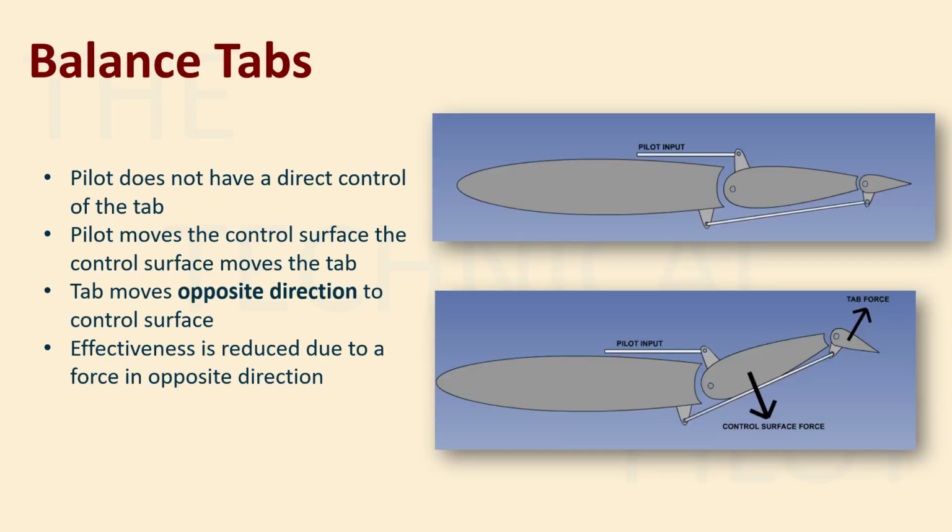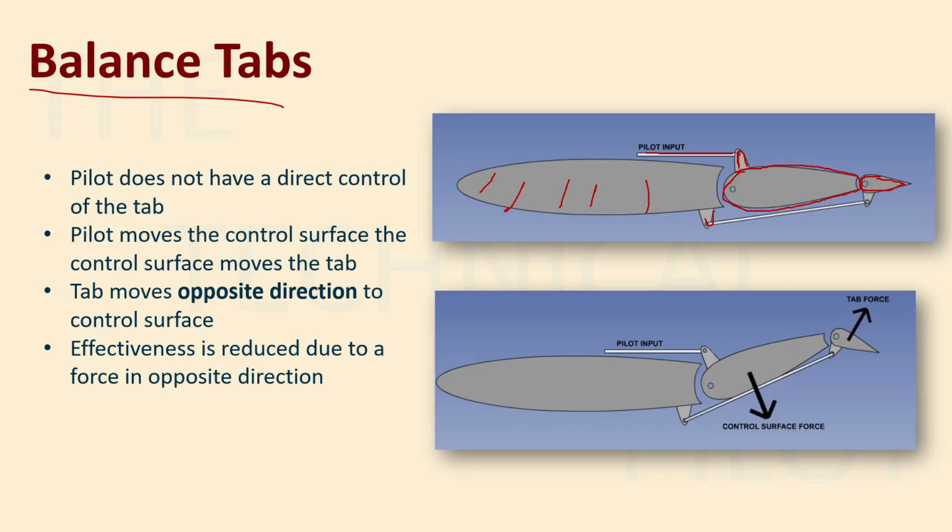So balance tab. In this, we have our wing surface over here. This is your elevator. All right. So this is your elevator. And then this small surface that you're seeing, this is your tab. All right. So there are multiple linkages. This you can see, this is what the pilot input is.